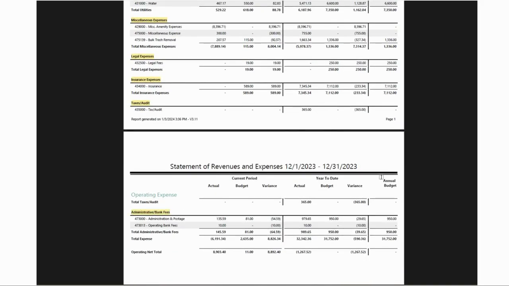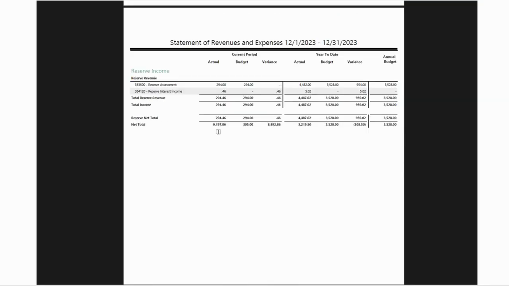These are each broken down further into more specific GLs. Within the reserve income section, you will see reserve revenue, including reserve assessments and reserve interest income.